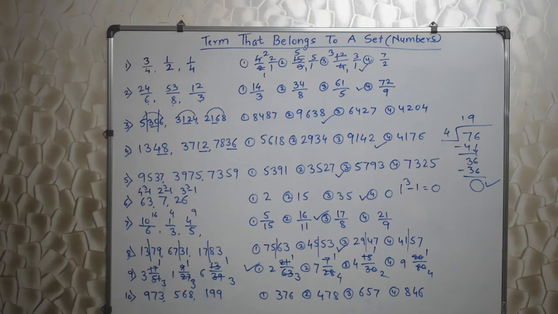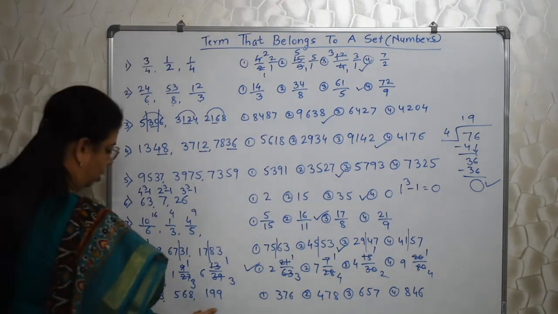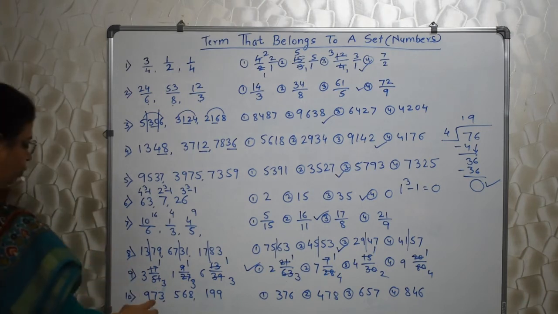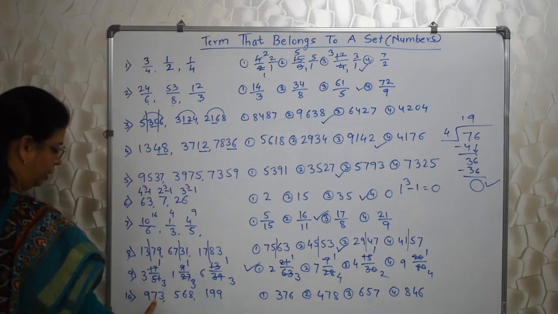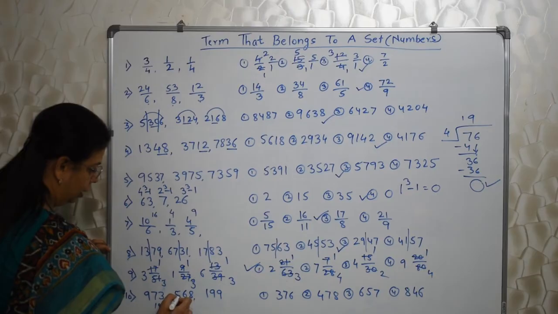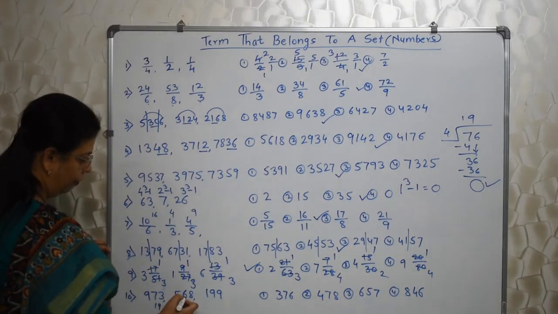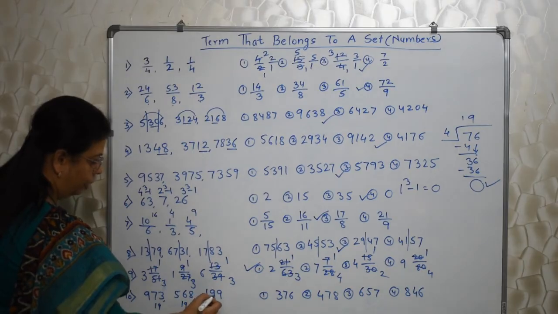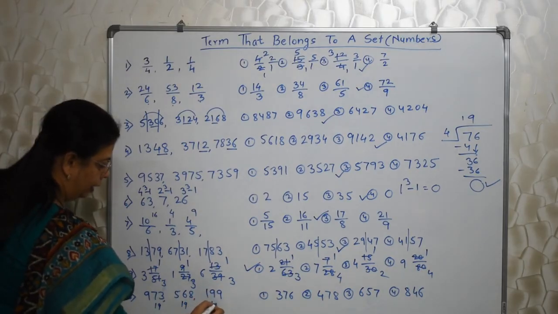Now next one. Numbers are not at all related to each other. कुछ भी नहीं है, squares नहीं है, cube नहीं है, कुछ भी नहीं है. तो क्या हो सकता है? In that case you just add them up. Add करके तो देखो, 9 plus 7 is 16, 16 plus 3 is 19 आ रहा है टोटल. इसका देखो 5 plus 6 is 11, 11 plus 8 is 19, 1 plus 9 is 10, 10 plus 9 is 19.